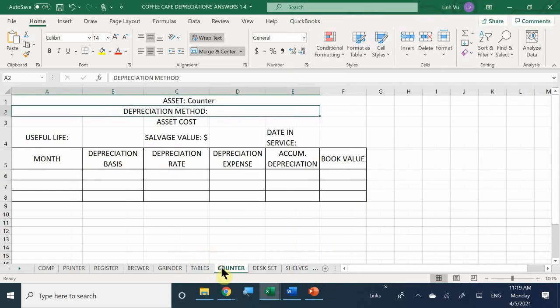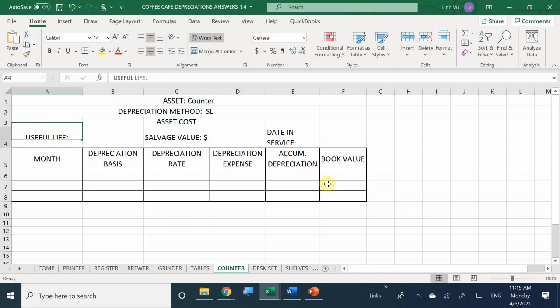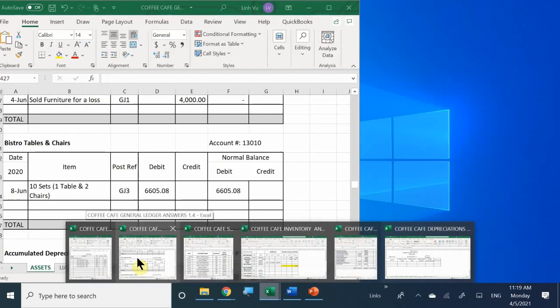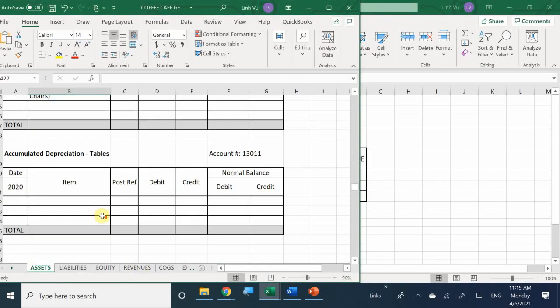All right, next we have the counter. We're given that this should be straight line, 7 years useful life with 0 for salvage value. And once again, when did I purchase my counter?